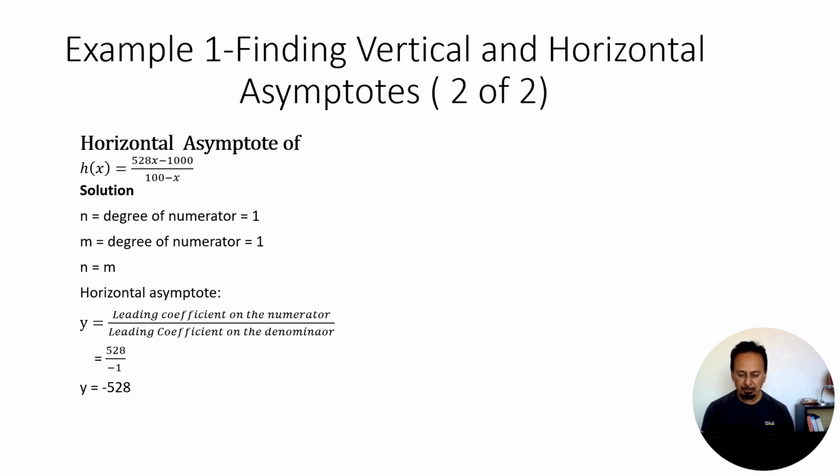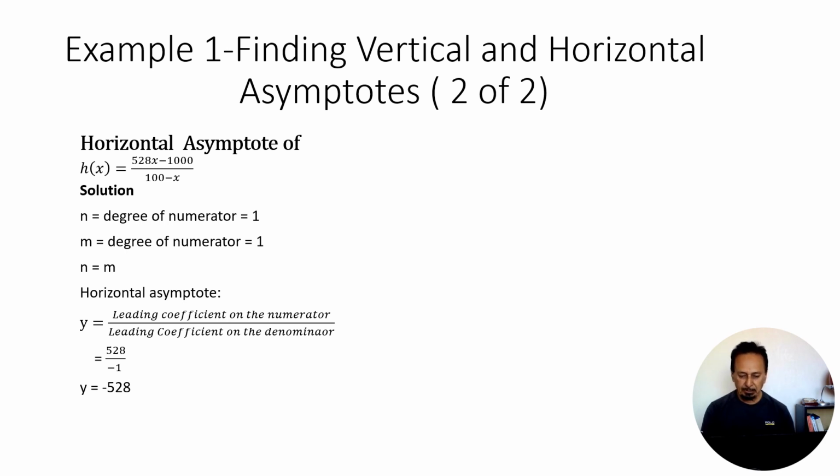The degree of the numerator equals the degree of the denominator, so the theory says the horizontal asymptote is y equals the leading coefficient of the numerator divided by the leading coefficient of the denominator.